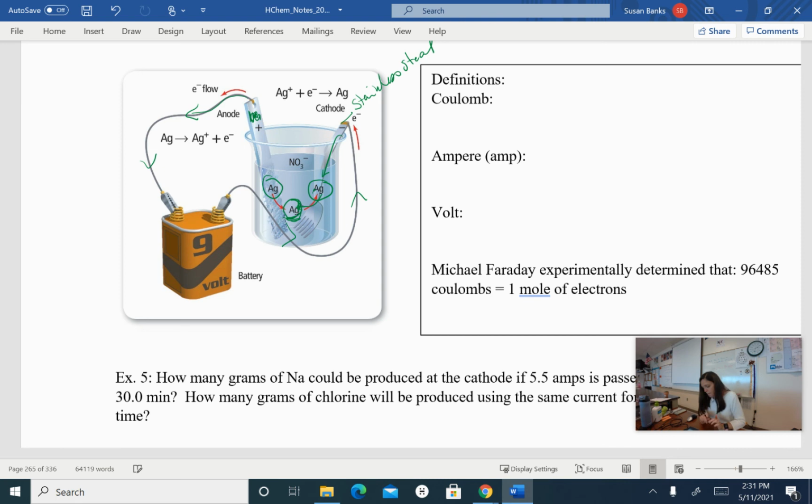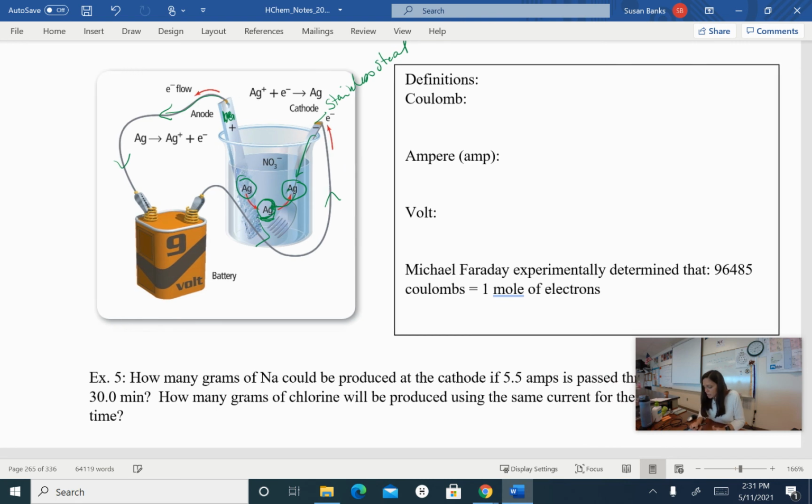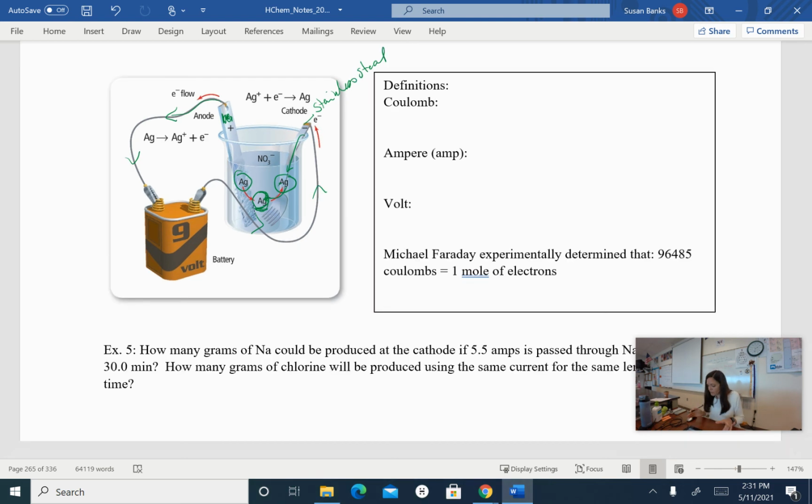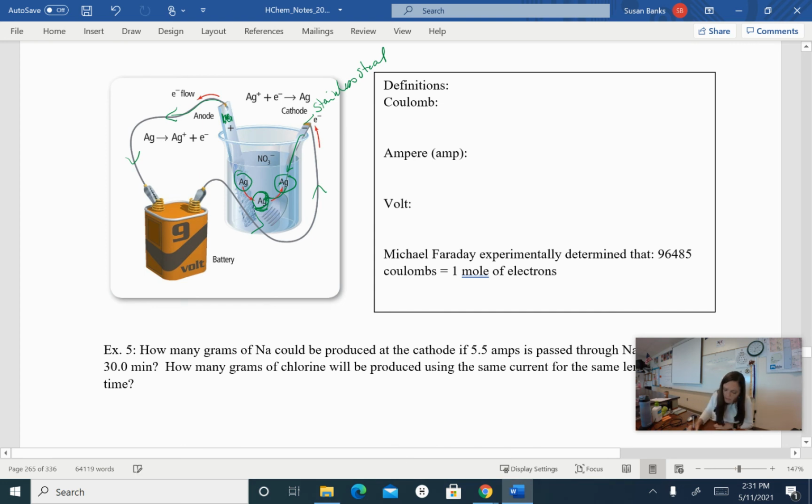Okay, so let's do some definitions. Now, some of these definitions you will see in physics as well, but we're going to use them here in chemistry. Our first definition is a coulomb. A coulomb is 1 amp times second.